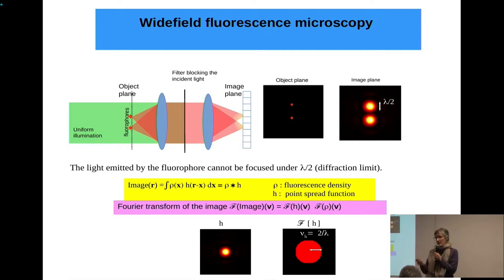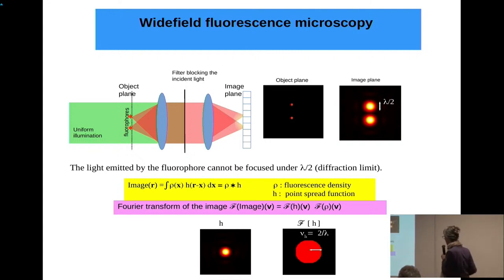And in the Fourier space, what does it mean? It means that if you do a Fourier transform of this image, it will have a support that is restricted to a disk of radius 2 over lambda. When I say 2 over lambda, I have omitted the numerical aperture because I'm doing theory, okay? So the numerical aperture is equal to 1.